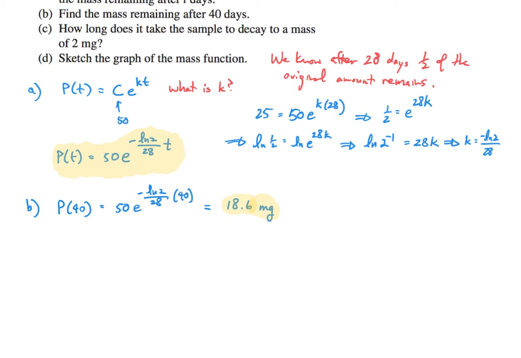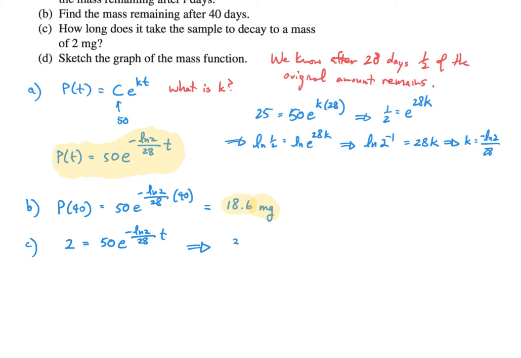Great. So let's take a look at part C next. Part C asks, how long does it take for the sample to decay to a mass of 2 milligrams? So in this particular case, I want to set the output of the function equal to 2 milligrams. And then I want to solve for t. So this will be 2 equal to 50 e to the negative natural log of 2 divided by 28 times t, and I'm solving for t. So I'm going to divide both sides by 50.